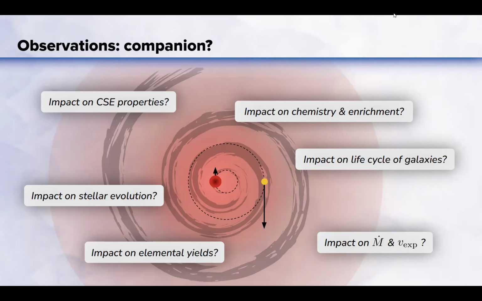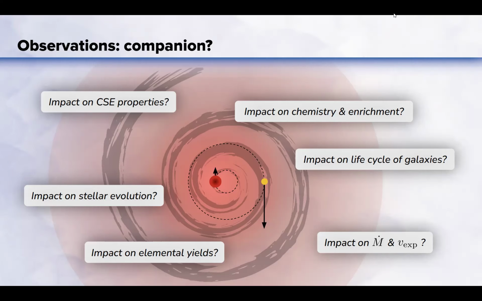This can go further and further. It can impact the chemistry, the molecular abundances of the outflow, and hence also the enrichment of the interstellar medium. Maybe even the presence of a companion can impact the stellar evolution of the AGB star itself, or the other way around. So the nuclear processes can have different yields than we've been believing so far. In the end, the fact that these AGB stars exhibit some kind of morphology can impact the life cycle of galaxies.